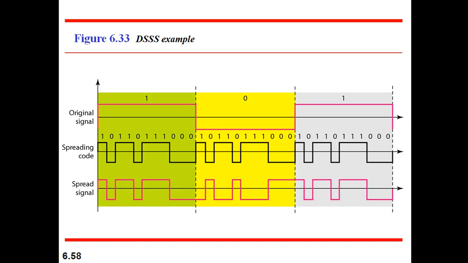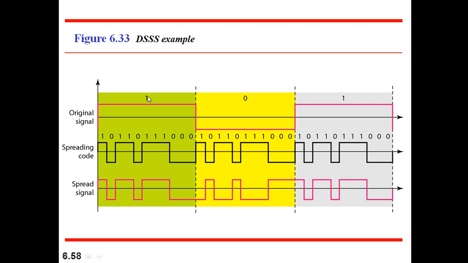For example, look at this particular scenario. Here we are transmitting values; the original signal carries the information 1 0 1. A 1 is represented with a positive voltage and a 0 is represented with a negative voltage. For the spreading code, we have the Barker sequence 1 0 1 1 0 1 1 1 0 0 0, and each bit of information is coded with this chipping sequence.